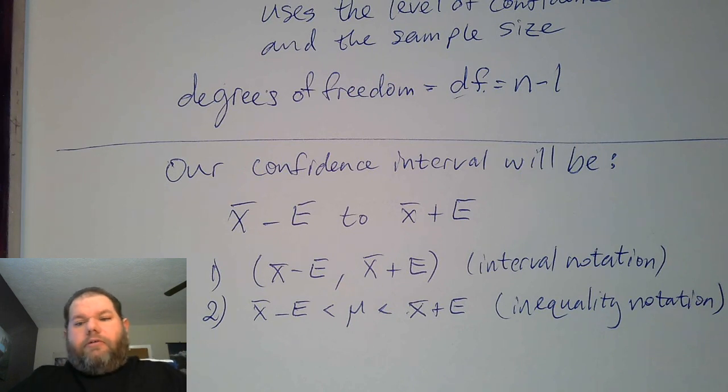Now, the other question we typically have at this point is, how do we know which margin of error to use? Are we given sigma or are we not given sigma? Well, we will be informed of this by the way it's stated in the paragraph that describes the situation we're working with.